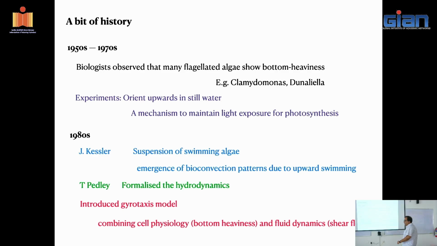Okay, so a quick history. In the 1950s to 70s, biologists observed that many flagellated algae show bottom heaviness, for example Chlamydomonas and Dunaliella. And they did experiments that showed that these organisms orient upwards in still water, which is a mechanism to maintain light exposure for photosynthesis. So this is how it all started, slowly, where biologists came first.